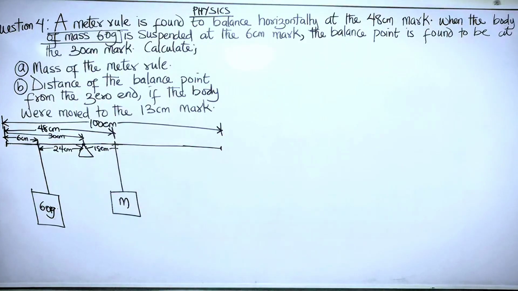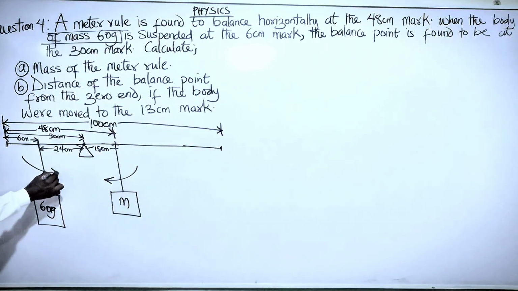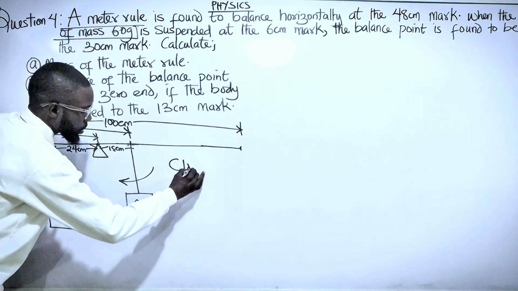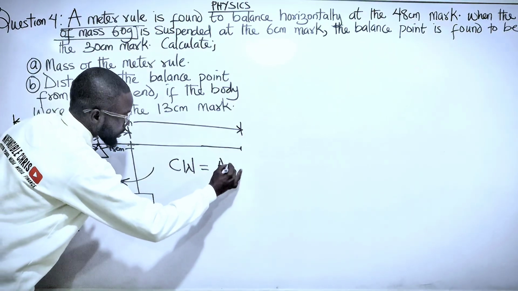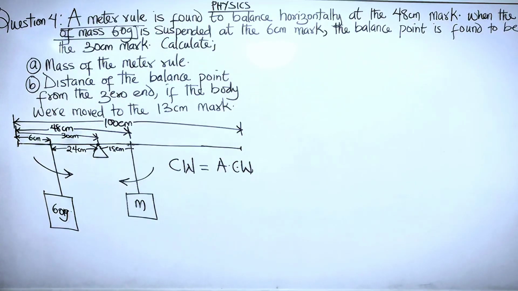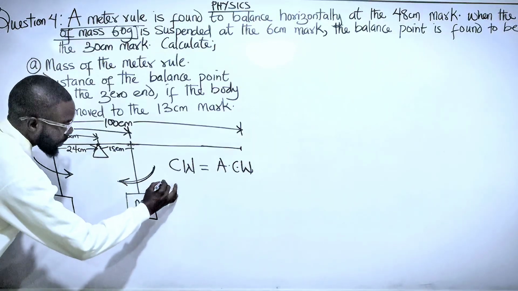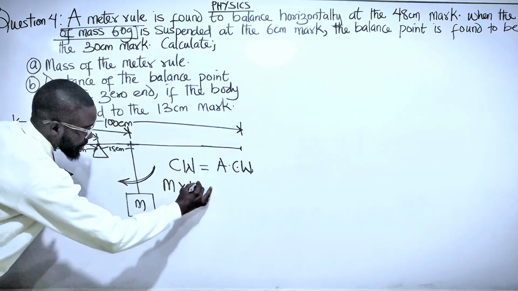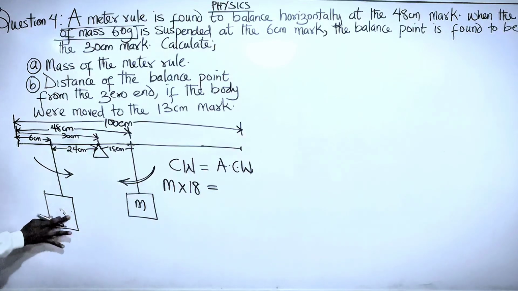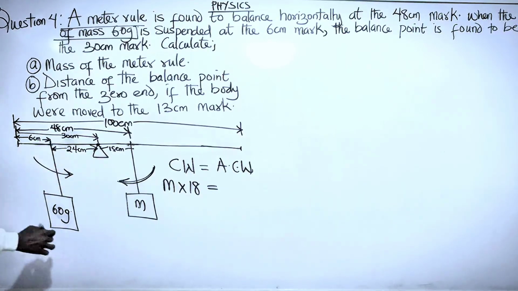So we apply the clockwise moment equal to the anti-clockwise moment. What's our clockwise moment? It is the mass m times 18, equal to the anti-clockwise moment, 60 grams times 24.